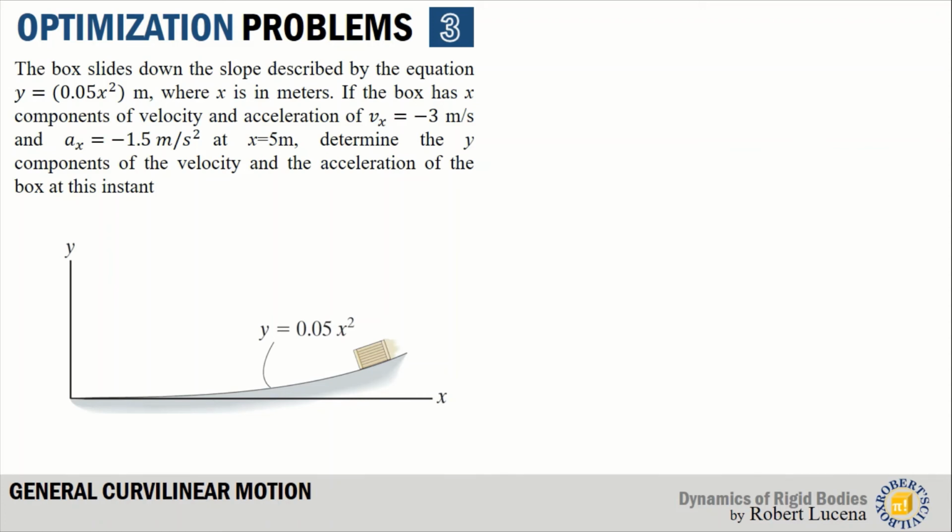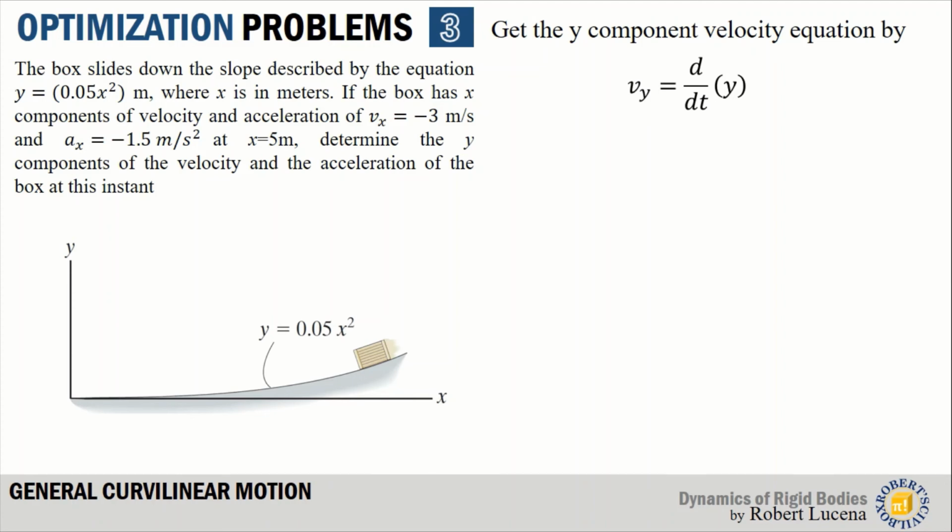If the box has x components of velocity and acceleration of Vx is equal to negative 3 meters per second and Ax is equal to negative 1.5 meters per second squared at x is equal to 5, determine the y components of the velocity and the acceleration of the box at this instant. So our objective is, when x is equal to 5 meter, we have to get the y component of velocity and the acceleration.